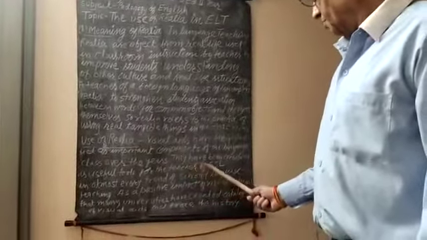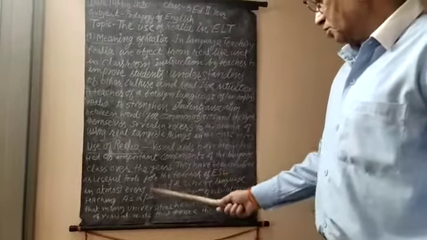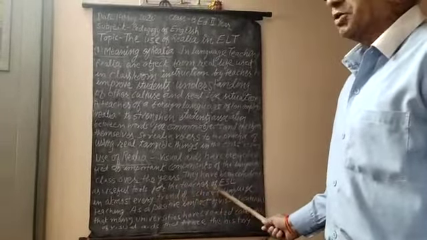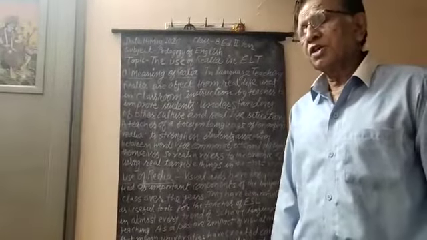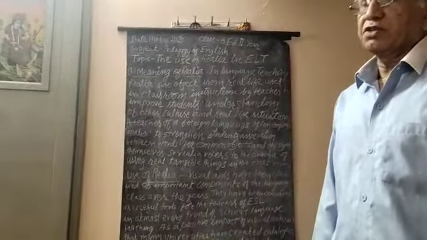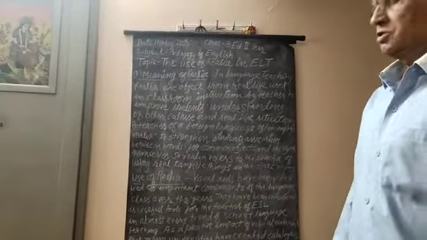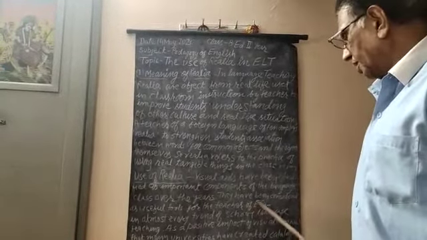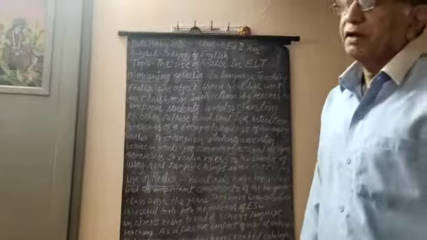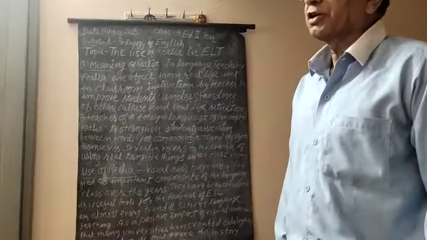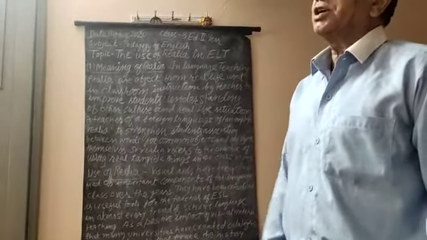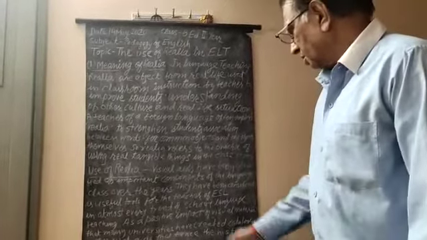They have been considered useful for the teacher of ESL. ESL means English as a second language. Teaching English as a second language is called ESL. EFL means English as a foreign language. These are the short terms. ELT means English language teaching.